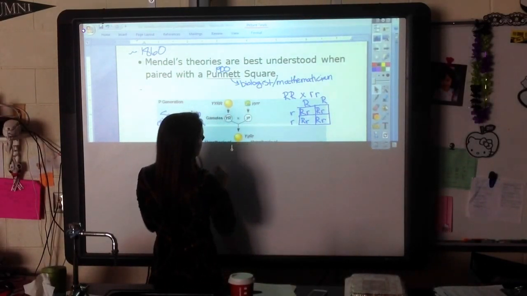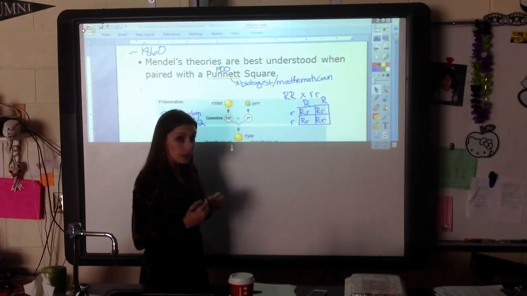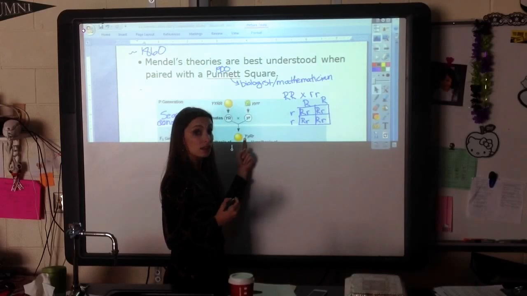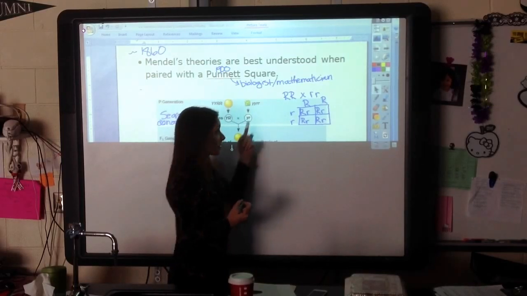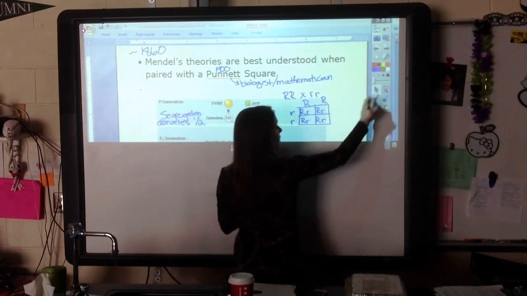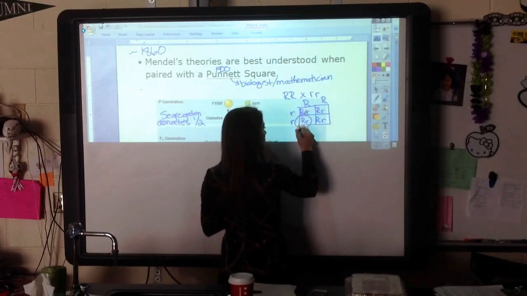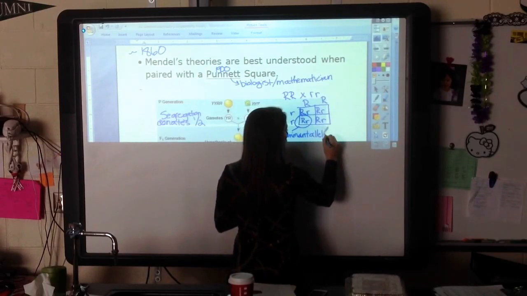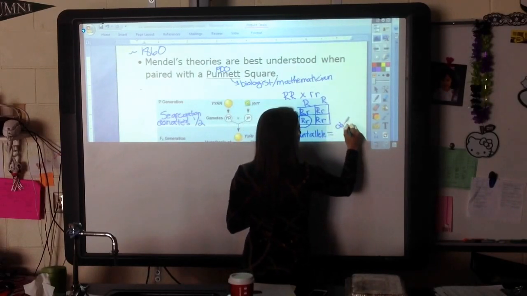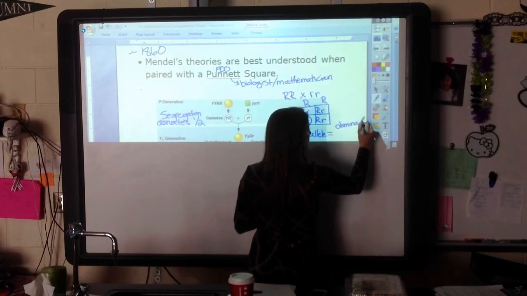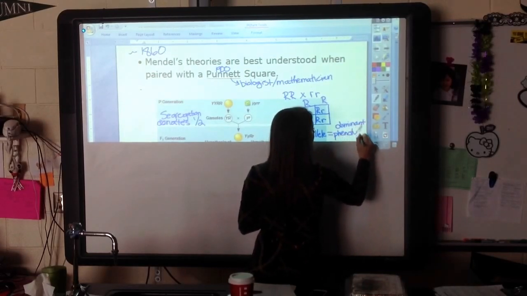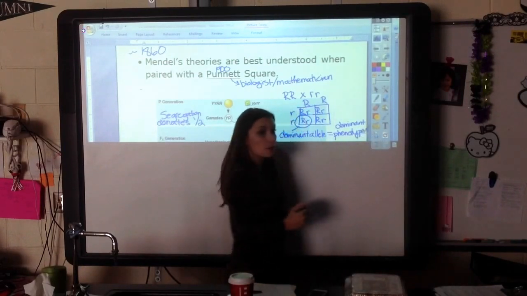If we look at Mendel's principle of dominance, what we see is that if you have the dominant allele, just like here, you will show the dominant phenotype. And that is Mendel's principle of dominance.